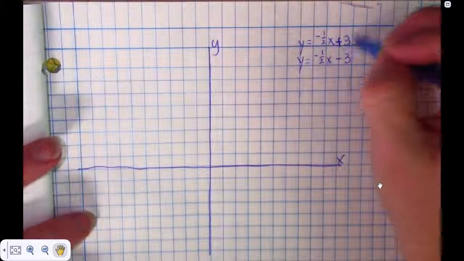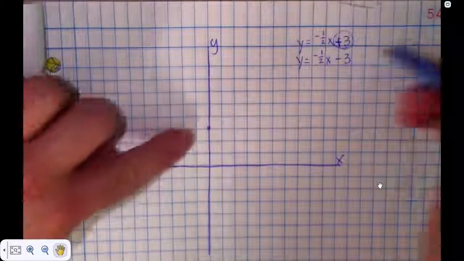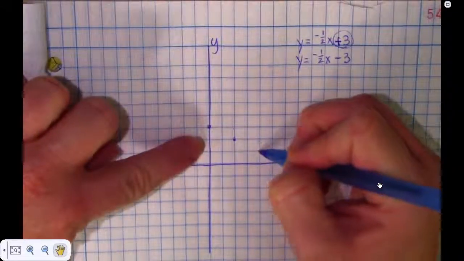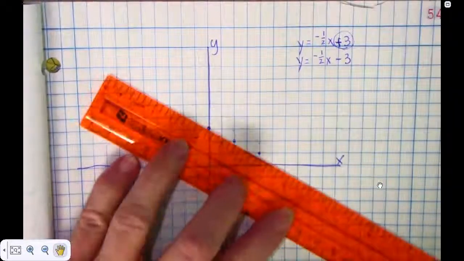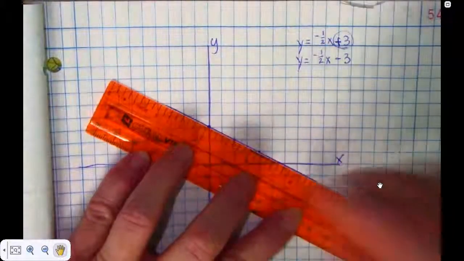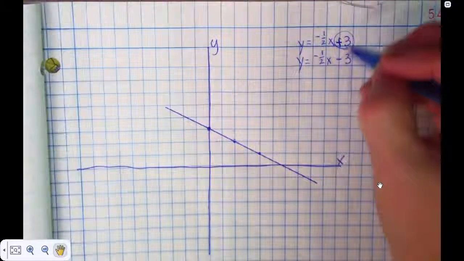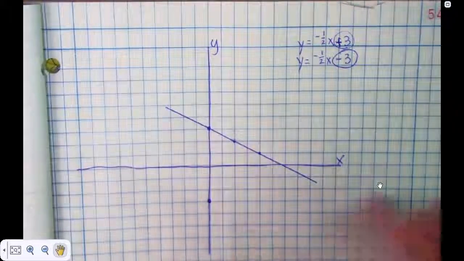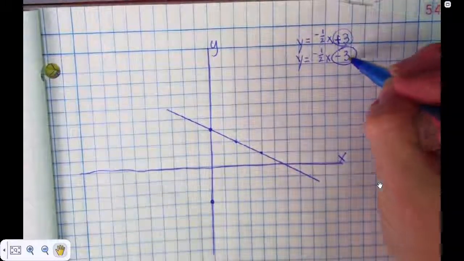You start at plus 3. I'm going to run 2, down 1. And then that's negative 3. I'm going to start at negative 3. Guys, that number is your y-intercept.